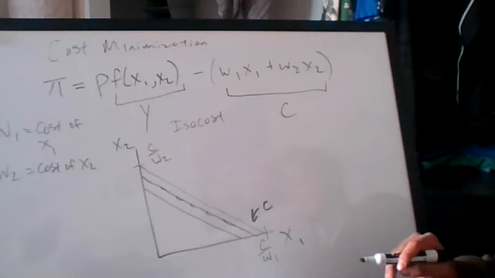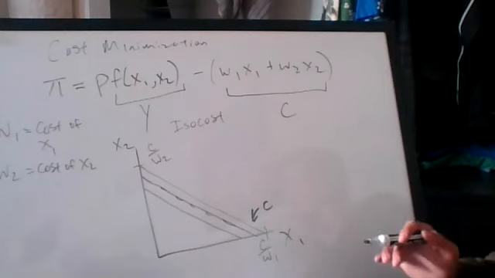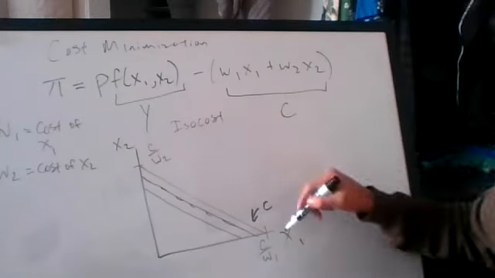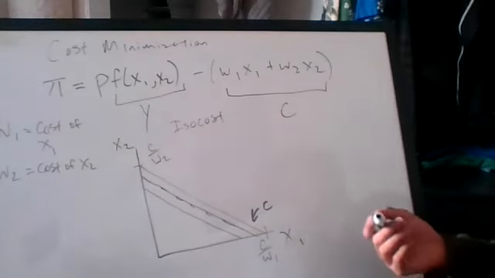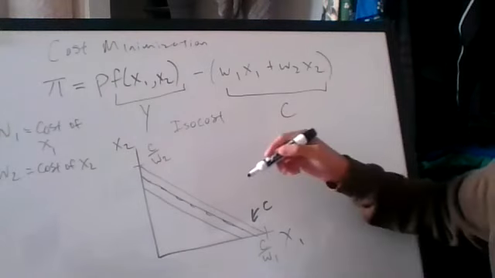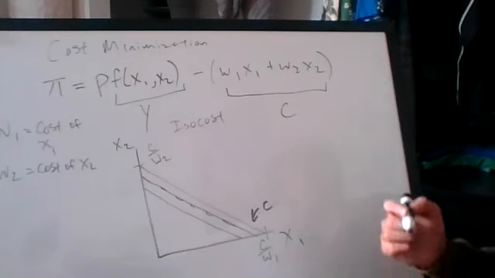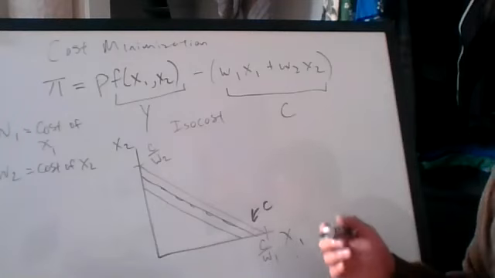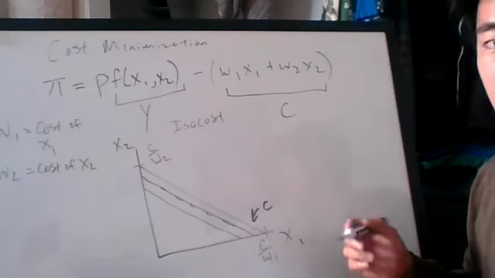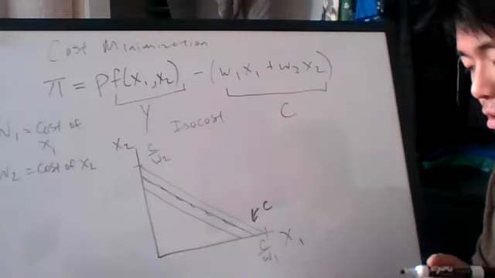So how do we choose a profit maximizing level of inputs, x1 and x2, when I have a variable ISO cost and I also have a variable ISO quant? Because if you remember, there are also infinitely many ISO quants, just like there were infinitely many indifference curves, okay?